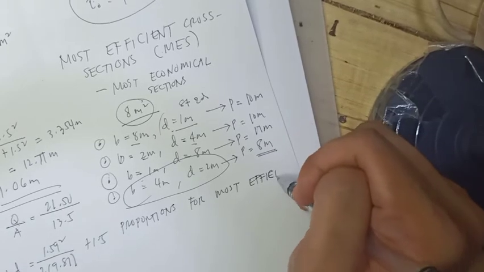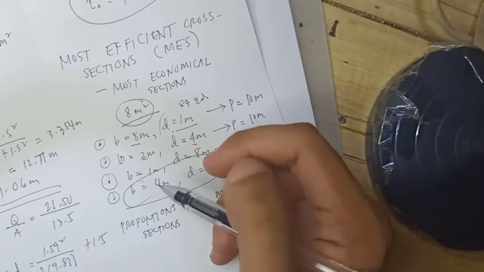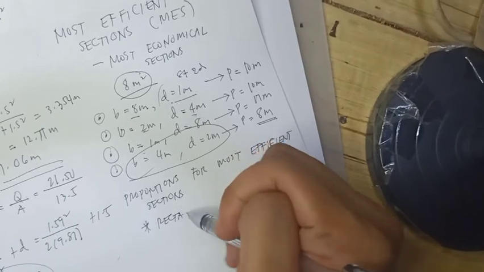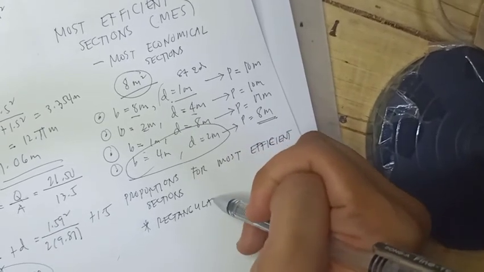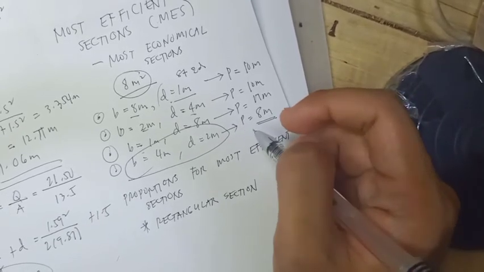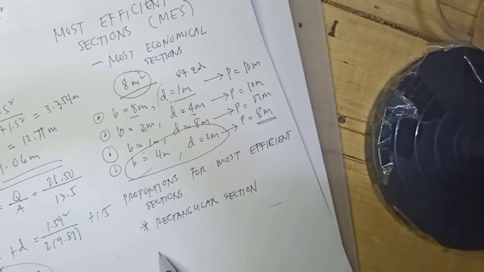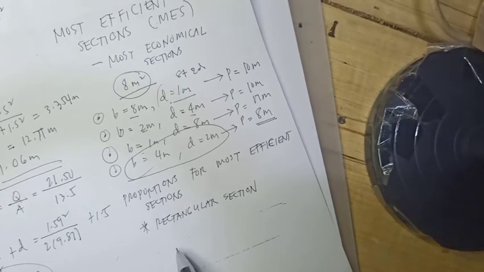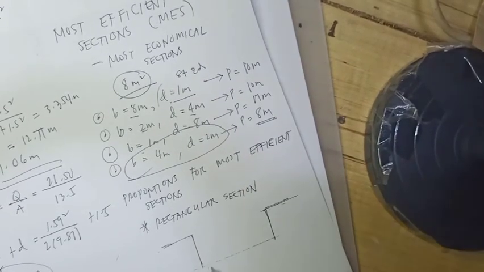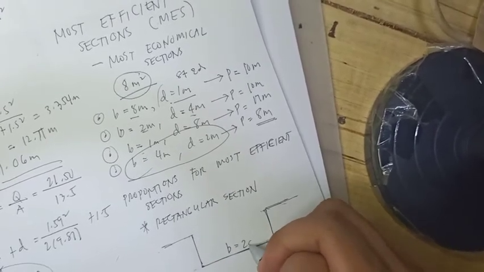First, the rectangular section, where the base is 2D.